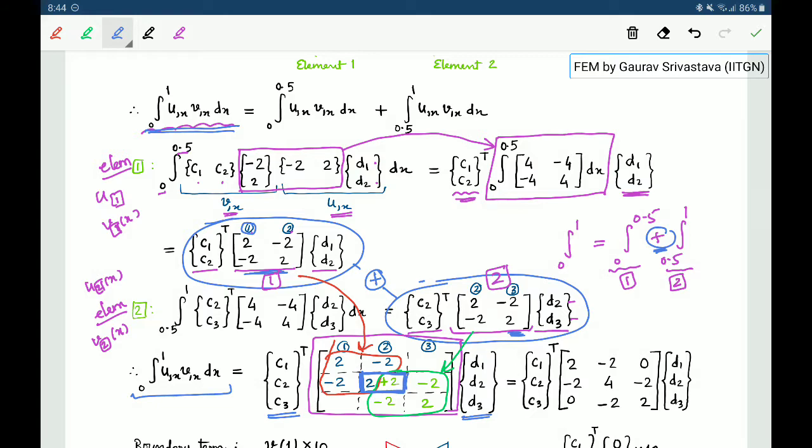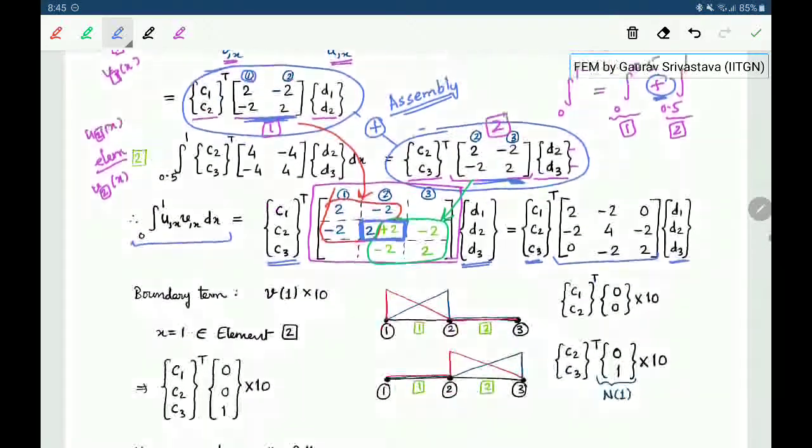And in finite element lingo, this operation of concatenating two different matrices with appropriate addition is called the assembly operation. You may see this term quite often in finite element texts. So basically we have C transpose times a combined matrix from the first and the second element, times the full D vector.